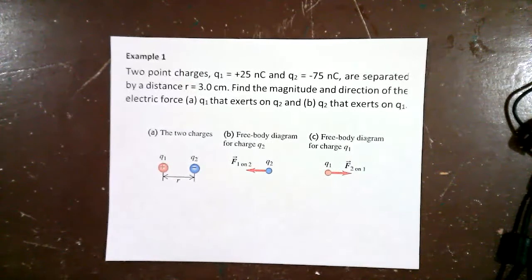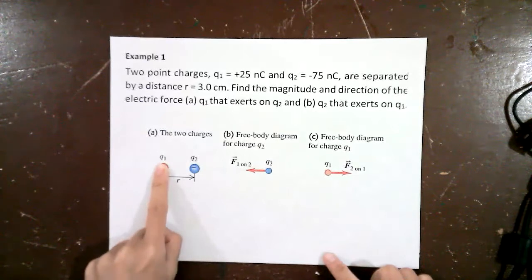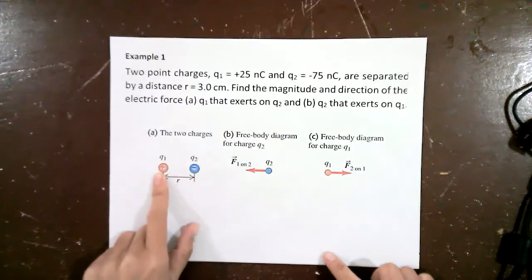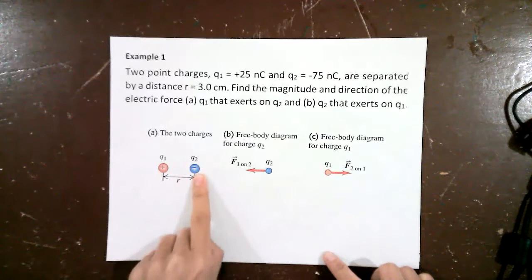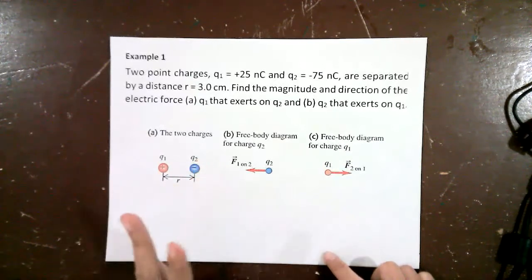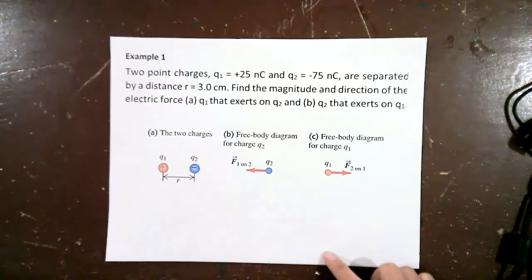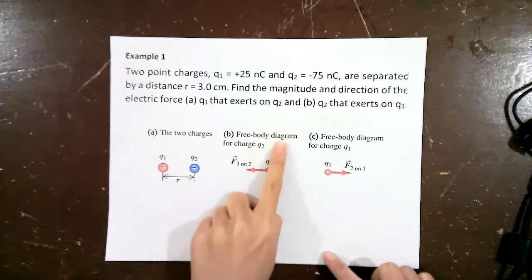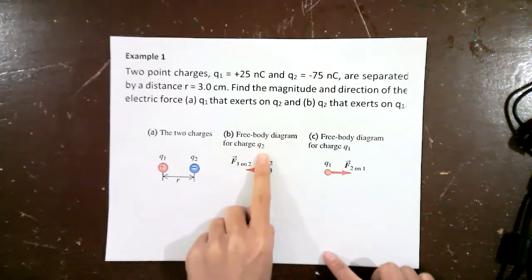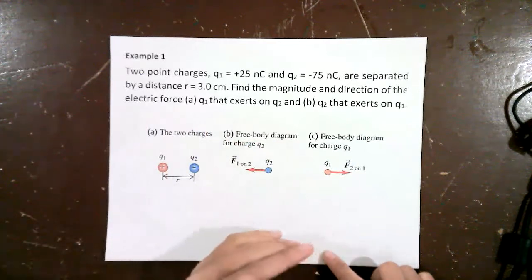So here you can see images of the two charges. For figure A, we have the positive Q1, or the positive charge, and then the negative charge, which is Q2. If we have two opposite charges, they basically attract each other. So for the free body diagram of charge Q2, this is the force Q1 exerts on Q2.